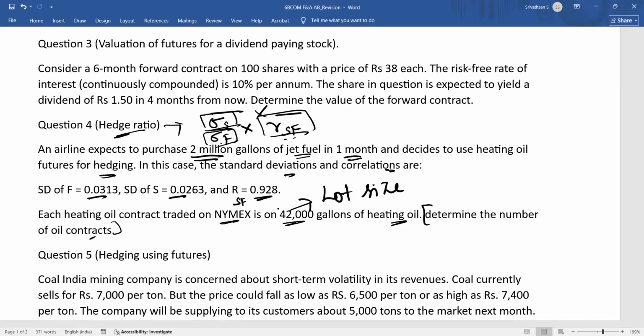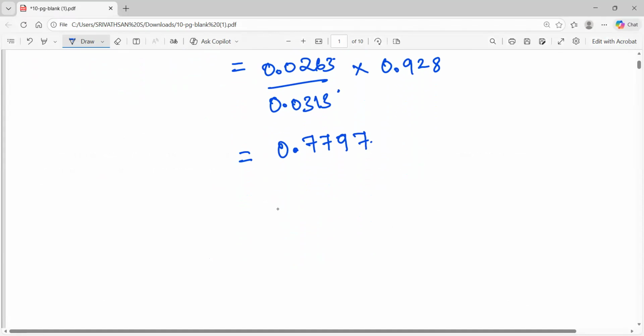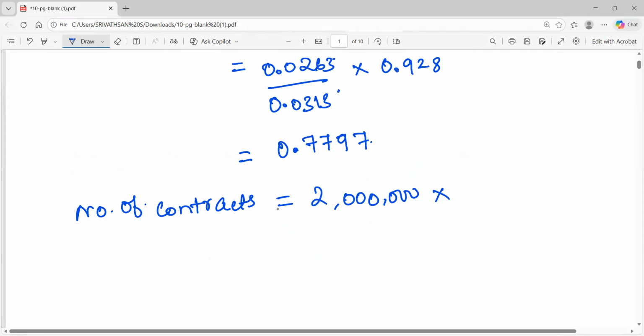So in order to hedge 2 million gallons of jet fuel in the spot market, how many heating oil future contracts do you need to purchase? Write down: number of contracts is equal to, in spot you have to purchase 2 million gallons, but in the future market also you don't need 2 million gallons.